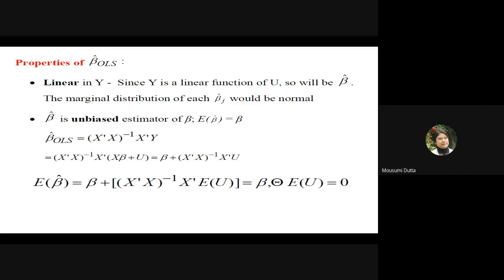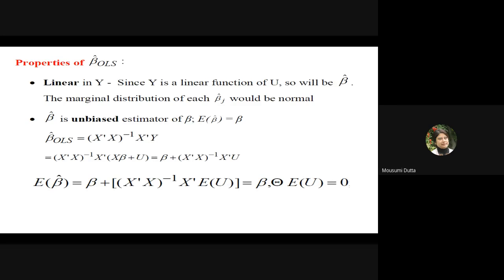However, in the case of K variable analysis, I'll stop with the calculation of variance of beta hat. I'll not show that the variance of beta hat OLS is minimum compared to other estimators, because the calculation needs some more concepts regarding matrix algebra, the idempotent matrix, etc. Therefore, I'll not consider that part.